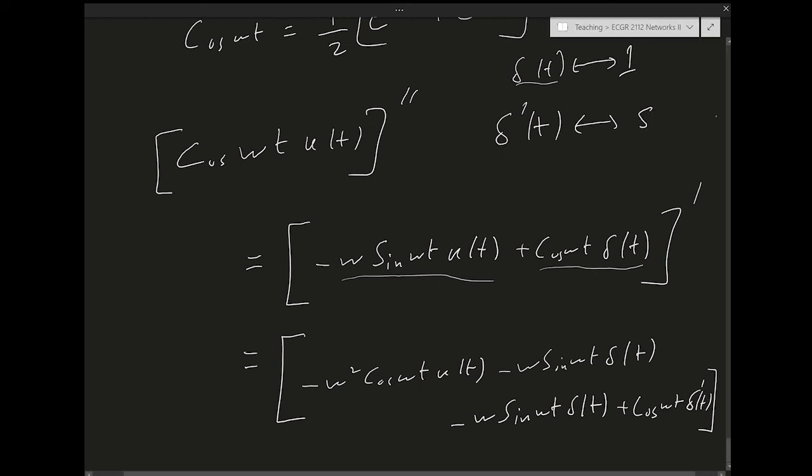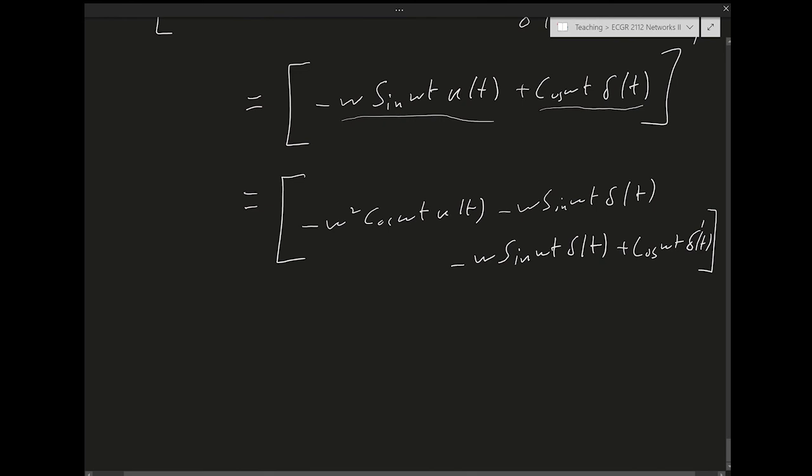So delta prime t transforms to s. Delta double prime t transforms to s squared, and so on and so forth. Now we can simplify the delta expressions. So here, this goes to 0, because it's a delta function. This goes to 0 because it's a delta function. Delta prime, now it's trickier.